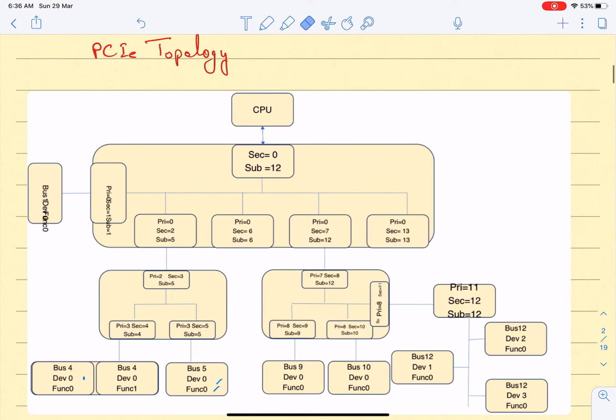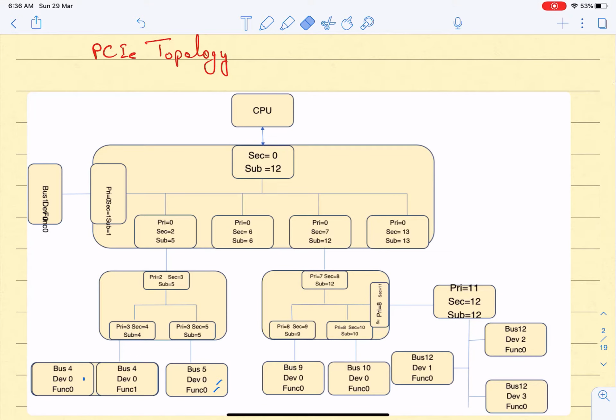We have discussed many times that this is the PCI topology, and let us suppose that this particular device has some memory of 4K, and it is configured that this memory of 4K is in the 32-bit or system address space.